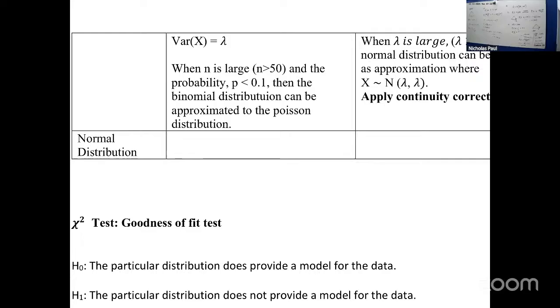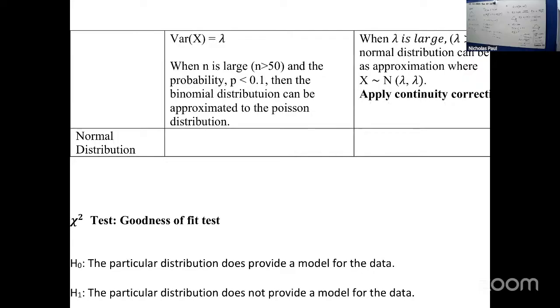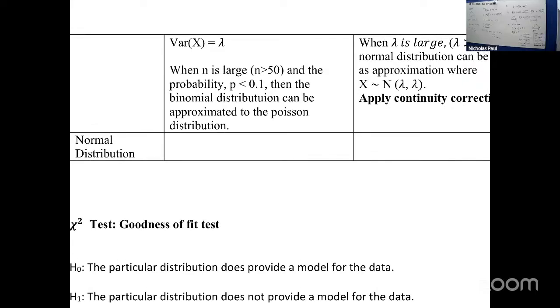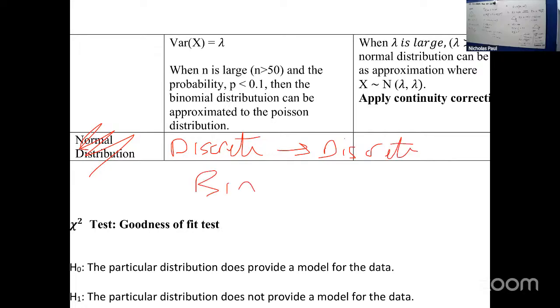You hardly see this, but if you do see it, I want you to remember that you're going from a discrete distribution, which is binomial, to our next discrete distribution, Poisson.